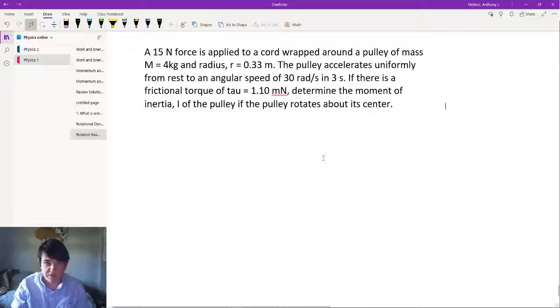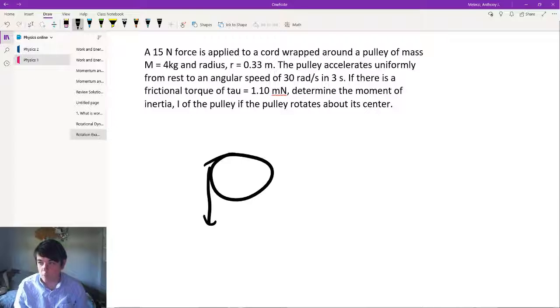So the first thing I would do is just draw it. This is our pulley, and we've got a 15 Newton force, wrapped around a cord.